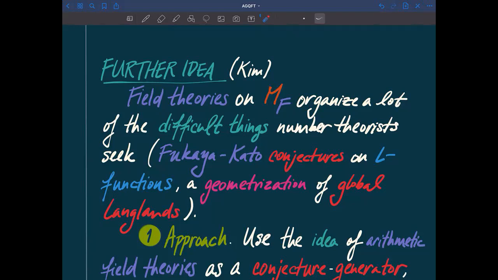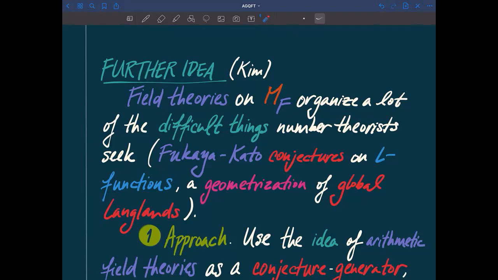That's where you see its symmetries correctly. So the idea is that we want to import that technology into this setting, and these are the arithmetic field theories. The hope is that once you have access to some of these field theories, they'll do some work to organize a lot of the difficult things that we would all like to see.